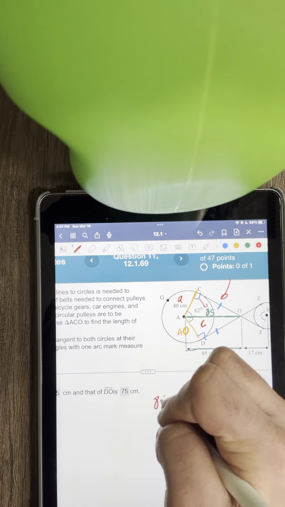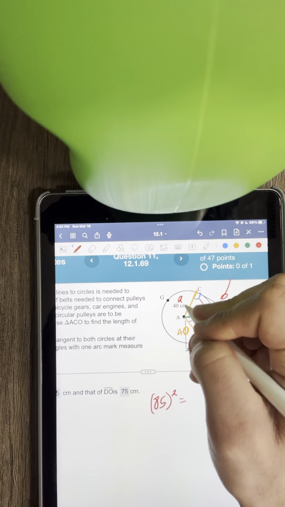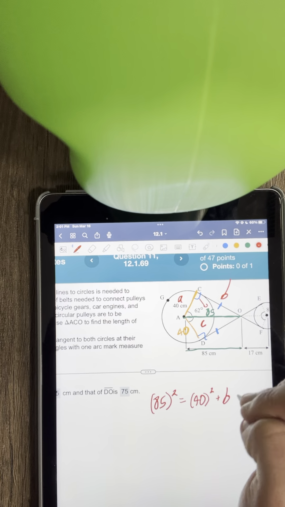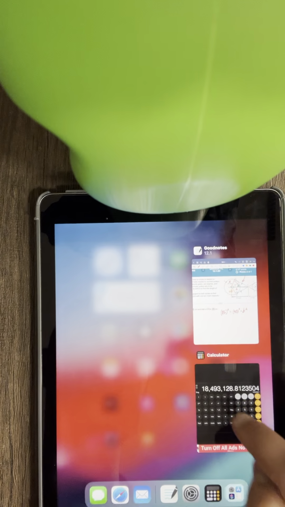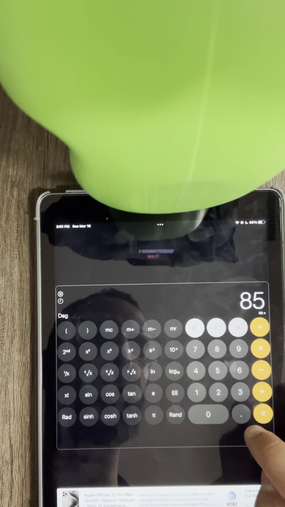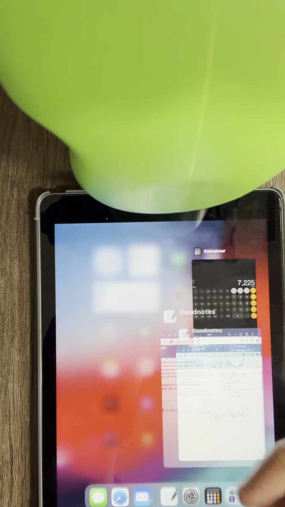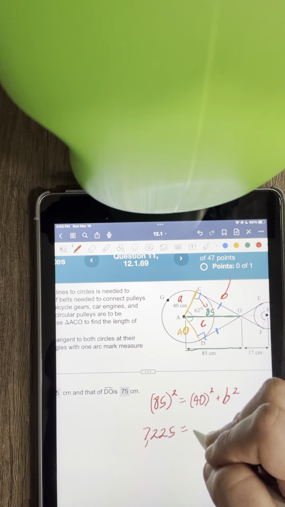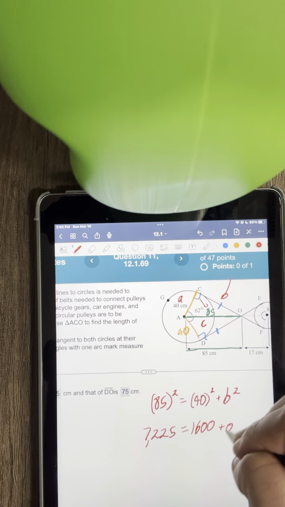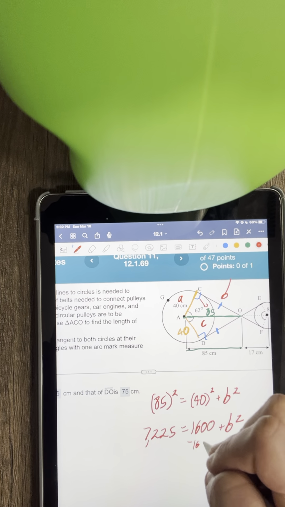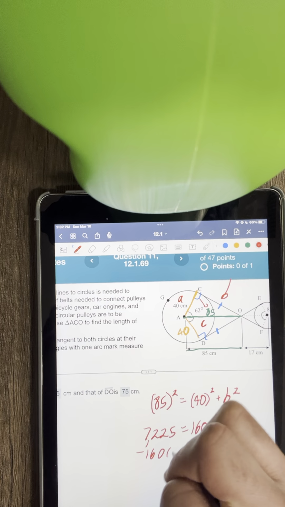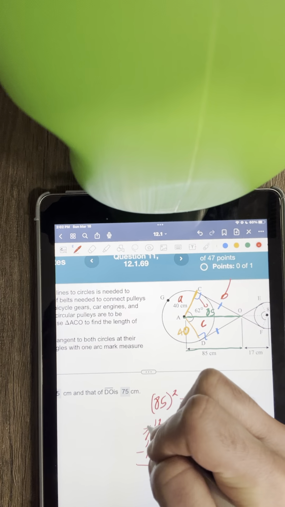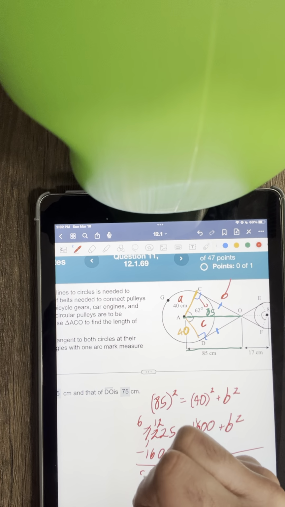So now I'm just going to have 85 squared equals A squared, which is 40, plus B squared. So now 85 times 85, 7225 is equal to 4 times 4 is 16, so it's going to be 1600 plus B squared. Minus 1600 gives 5625.